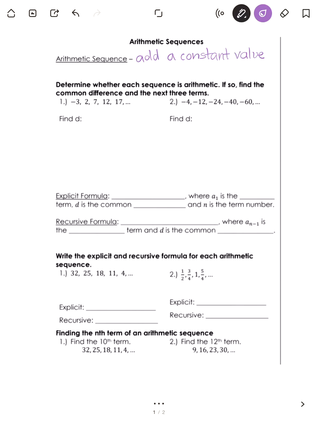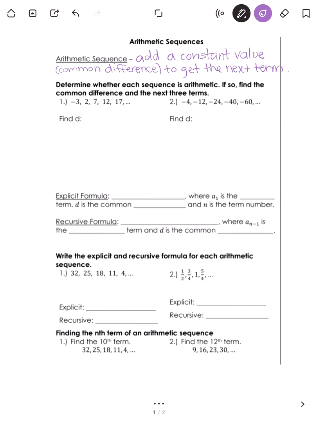This constant value is known as the common difference, to get the next term. So we're adding a constant value, so we have to add the same number every single time to get the next number.